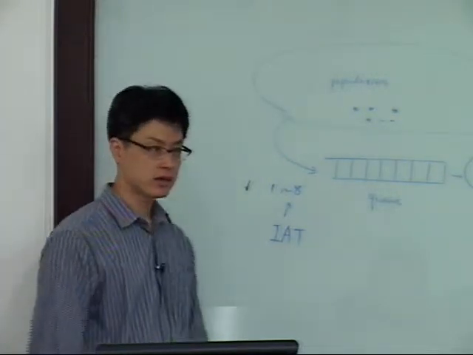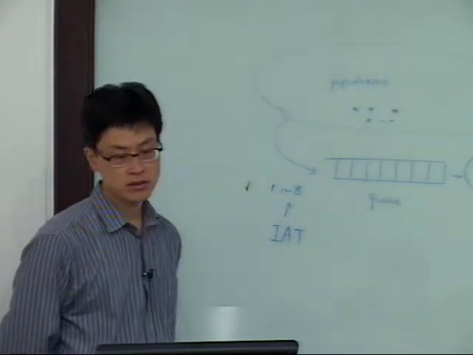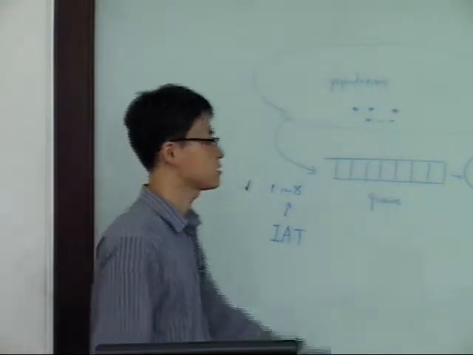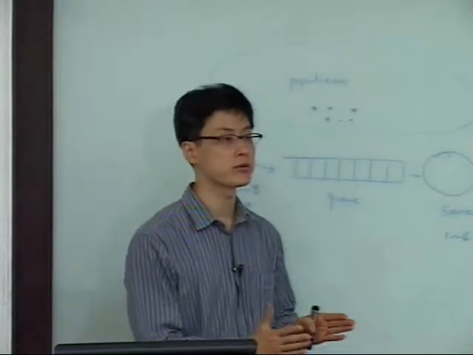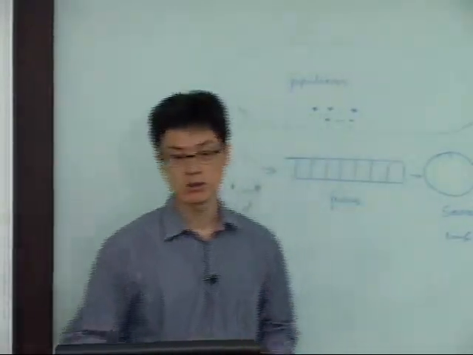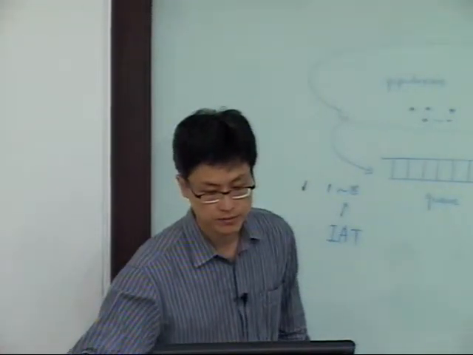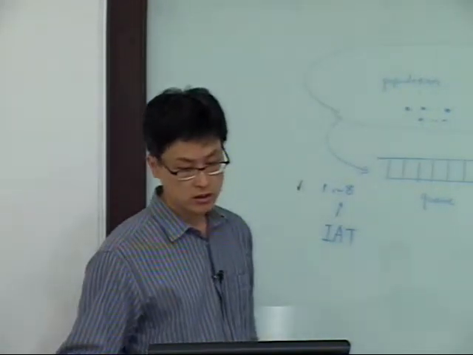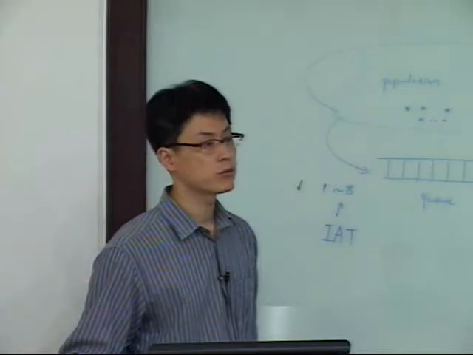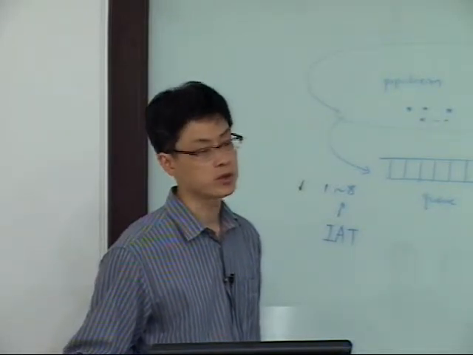We can do exactly the same thing for the service distribution. As I said, the service time required is also randomly distributed from 1 to 6. But now, I assume that it is not uniformly distributed.